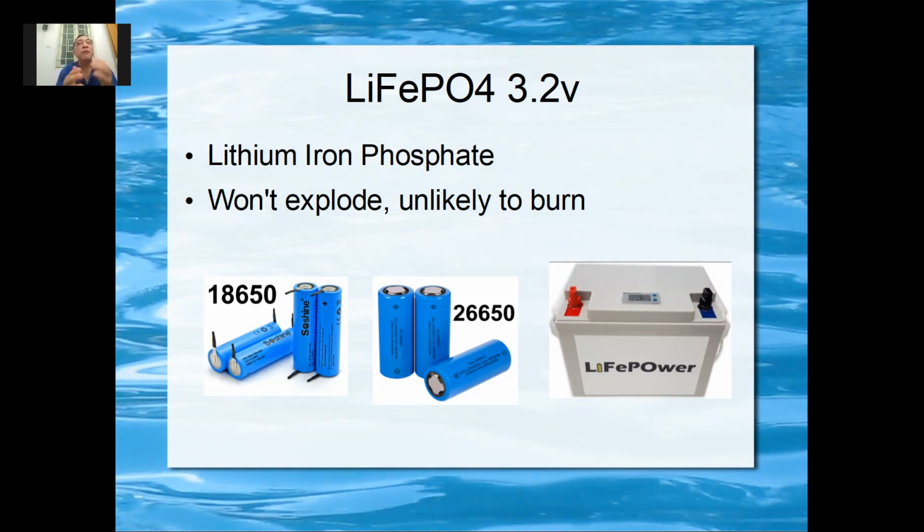Some put 15, some put 16, and then you have a problem already. So when you want to buy a 48 volt battery, you must make sure you know what is the voltage or how many cells are inside, whether 15 or 16. Normally they are 16, but some will put 15 to make it compatible with the lead acid battery and the gel battery.